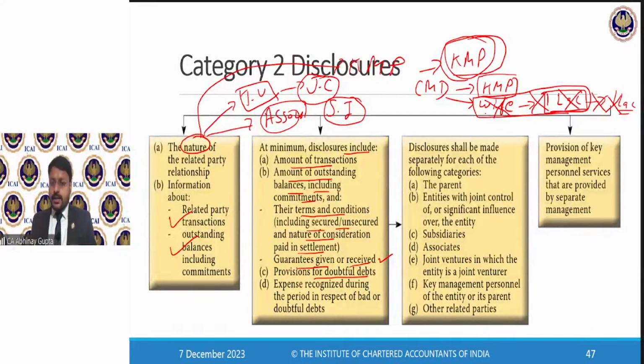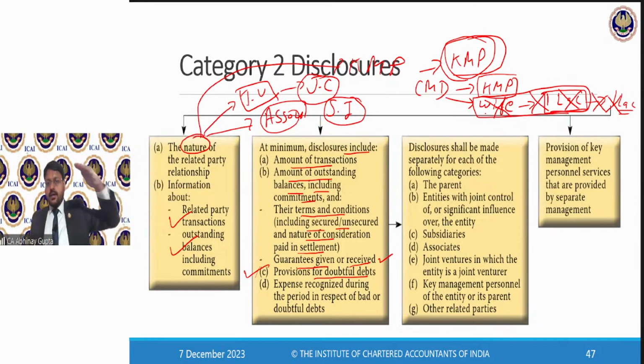Now at the year end, because receivables are a financial asset and I need to create ECL for all financial assets, that is, provision for doubtful debts, as we talked about in older days, the ECL amount is also required to be disclosed on all such balances receivable from the related parties.